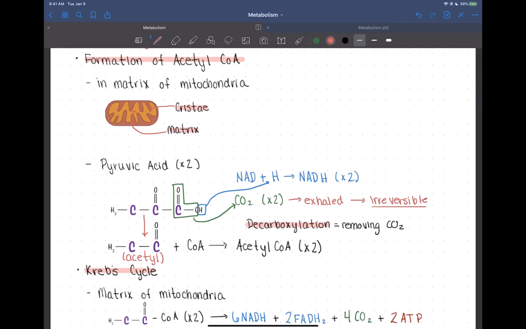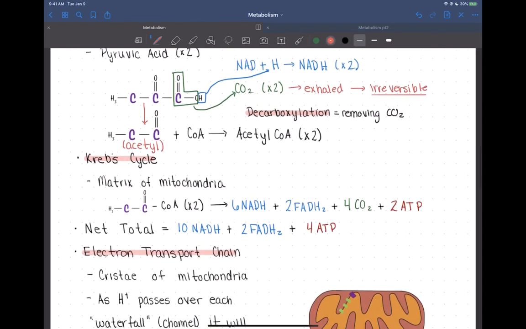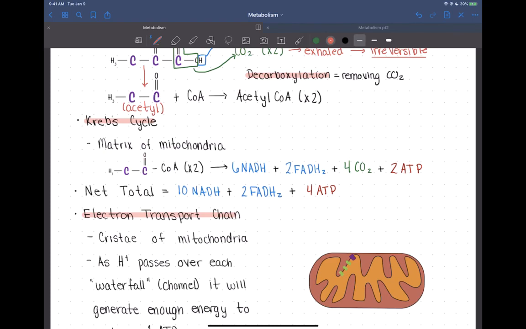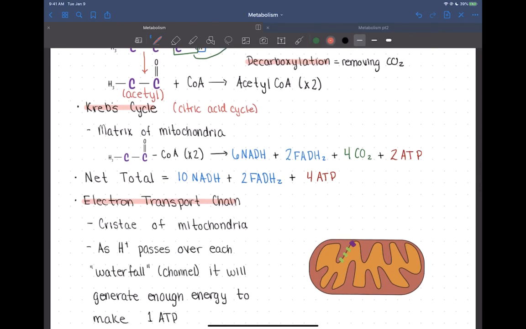Now let's talk about the next step. The next step is called the Krebs cycle, sometimes referred to, depending on what you're looking at, as the citric acid cycle. It's referring to the same thing. This is also occurring in the matrix of the mitochondria, so in this picture, the more orangey part here is where it's happening. This is a cycle, a process happening in a circular format.